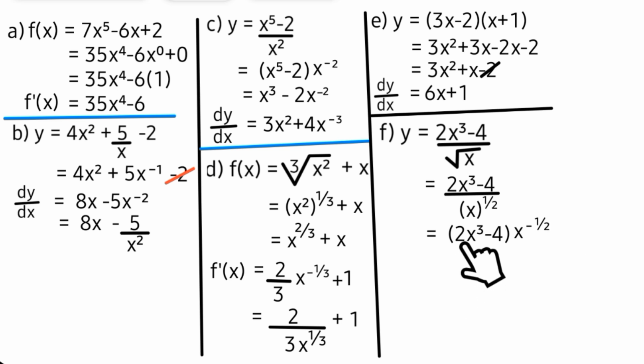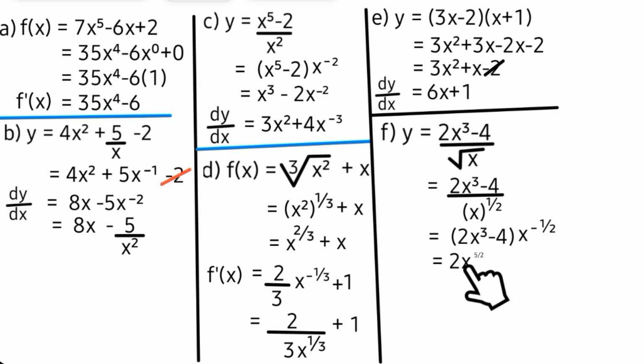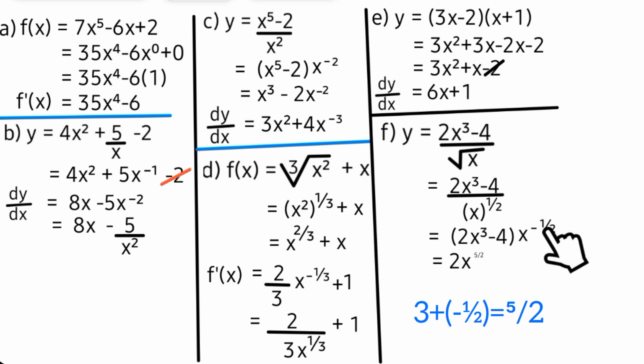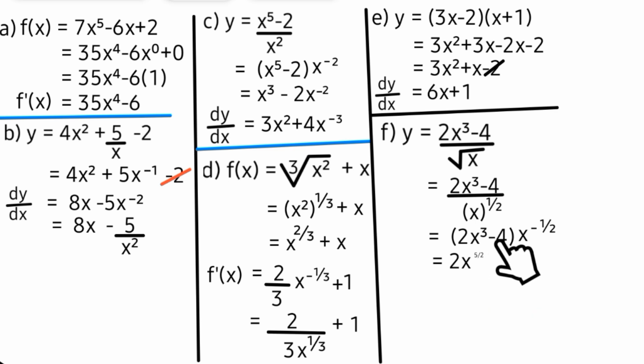So 2x raised to the power of 3 times x raised to the power of minus 1 over 2 gives 2x raised to the power of 5 over 2. By following the simple laws of indices, that is, adding 3 plus minus 1 over 2 gives 5 over 2, minus 4 times x raised to the power of minus 1 over 2.